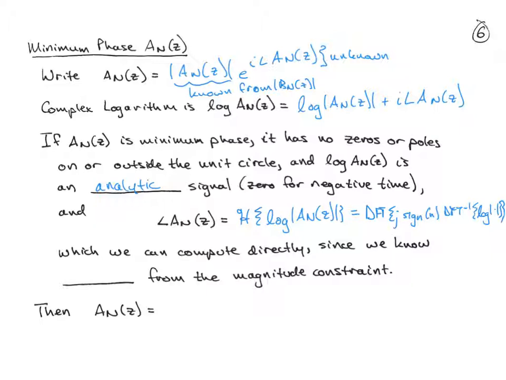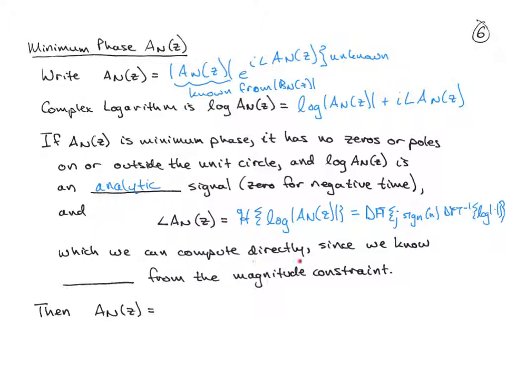Okay, so to calculate it, you take the log of the magnitude profile, you take its inverse discrete Fourier transform, you element-wise multiply it by 1 or minus 1, depending on the sign of the index into the DFT. Then you multiply it by square root of minus 1, you take the forward discrete Fourier transform, and you get the phase angle.